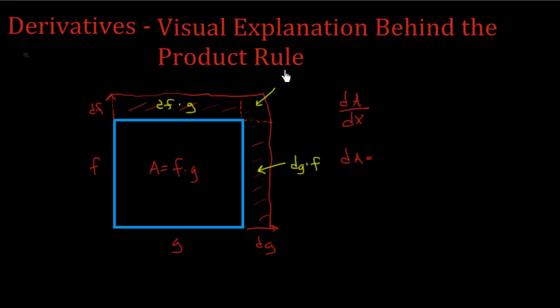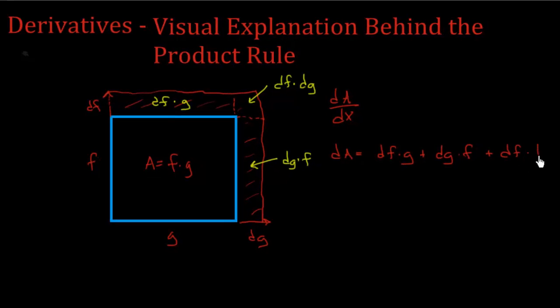And then this little area up here is going to be df times dg. Okay, so my dA is going to be df times g plus dg times f plus df dg.